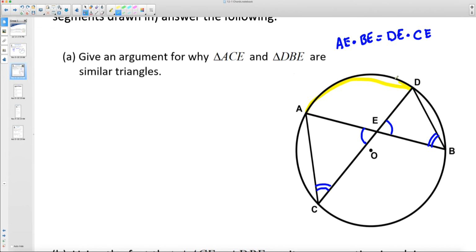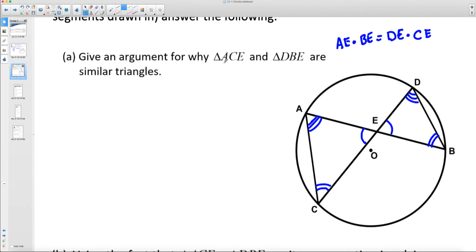They both intercept arc AD. So if angle C and angle B are both inscribed angles and they intercept the same arc, then they have to be congruent. And the same thing works for why angle A and angle D are congruent. Again, they're inscribed angles and they intercept the same arc.